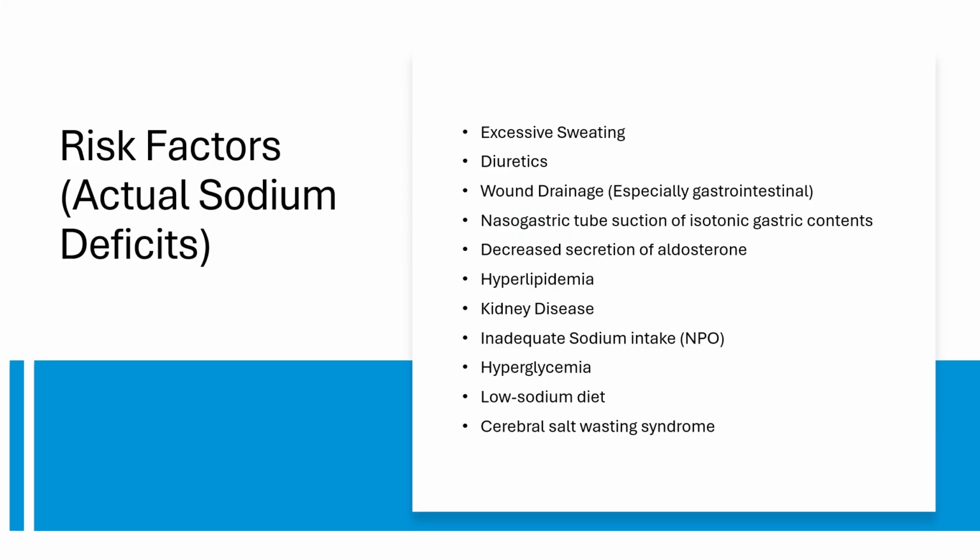Here are the actual sodium deficits: excessive sweating, diuretics, because remember, with a lot of your diuretics you can end up losing a lot of that sodium, wound drainage, nasogastric tube suctioning of isotonic gastric contents, decreased secretion of aldosterone, hyperlipidemia, kidney disease, inadequate sodium intake, hyperglycemia, low sodium diet, or cerebral salt wasting syndrome.